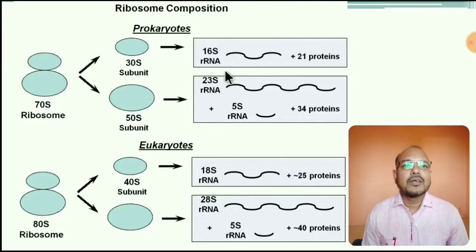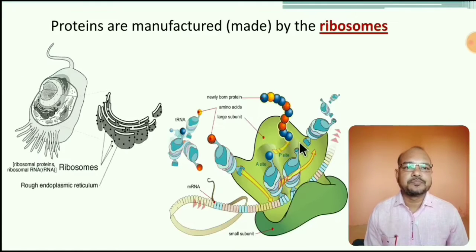The small RNA differs: the 16S RNA has 21 proteins and 34 proteins in prokaryotes, while in eukaryotes the 18S RNA and 28S RNA differentiate into 25 proteins and 40 proteins. This is the comparison of prokaryotic and eukaryotic ribosome composition.